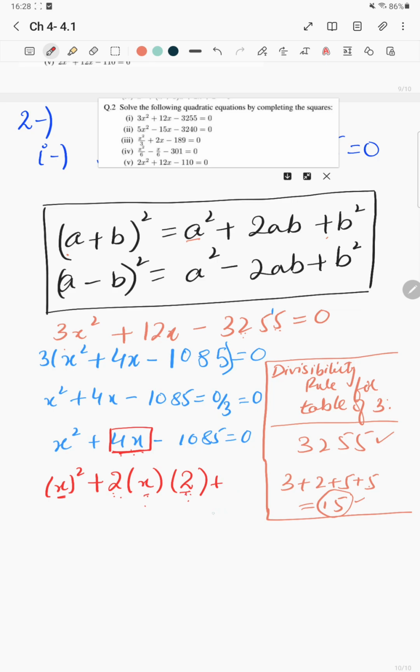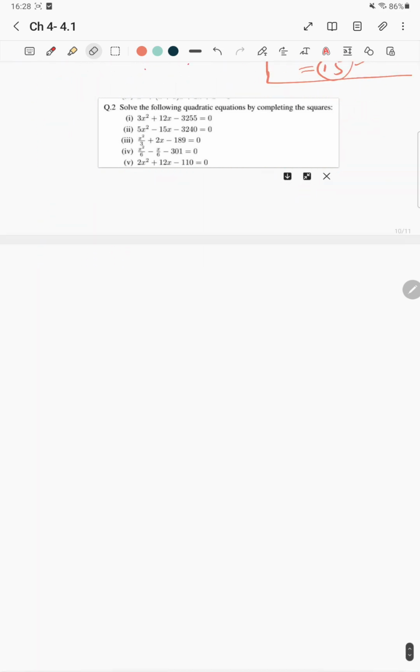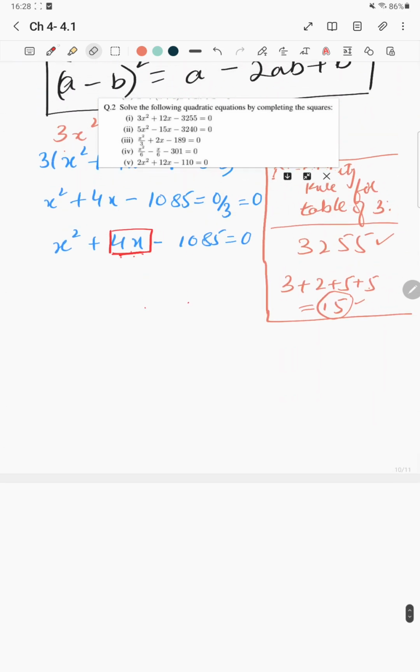So what will I do? I'm doing this step in the next line. So I will start like this. I have first term x square, that is a square plus 2ab. So what is a? A is x, and what is b?